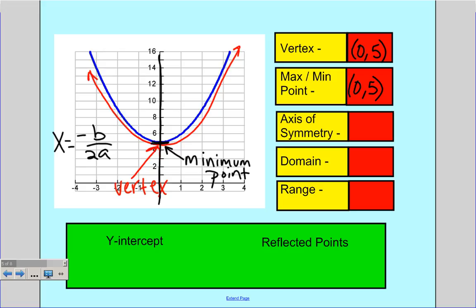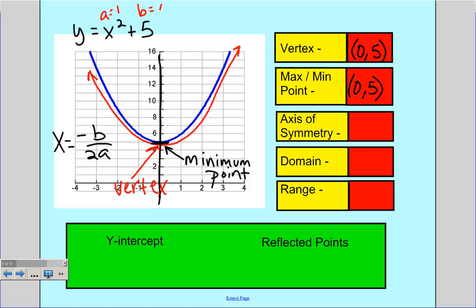And I showed you that the form of a quadratic equation was y equals ax squared plus bx plus c. Well, this particular parabola is formed by the equation y equals x squared plus 5. So using that, we don't have a b up here. We have a, which is 1.